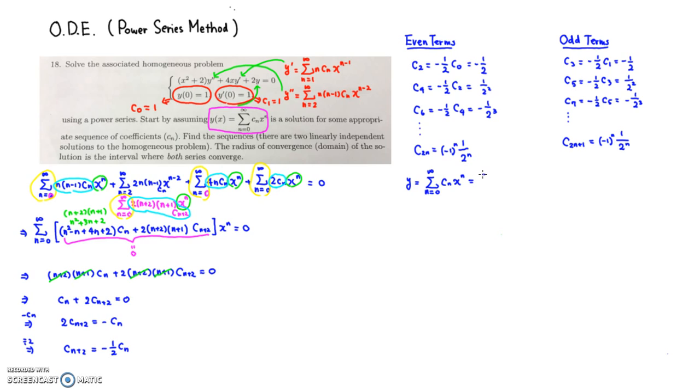Summation n equals 0 to infinity, I'm going to collect the even powered one, C2n x to the 2n, plus a summation n from 0 to infinity, this is the odd one, C2n plus 1 x to the 2n plus 1.